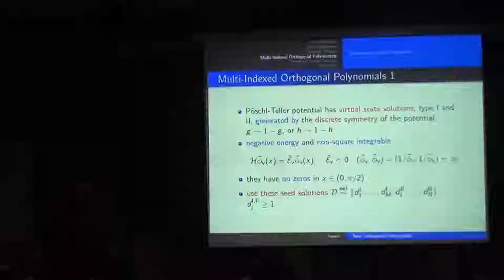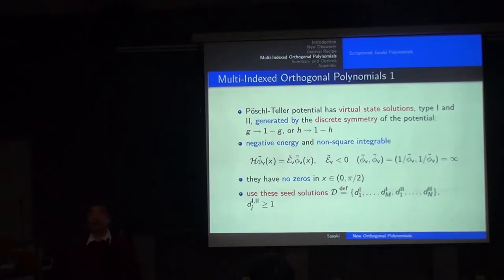So the inverse is square integrable on this end, but infinite on this end. But when you check, you can show that they have no zeros in between. So the idea is that you can use all these seed solutions, m or m plus n seed solutions.